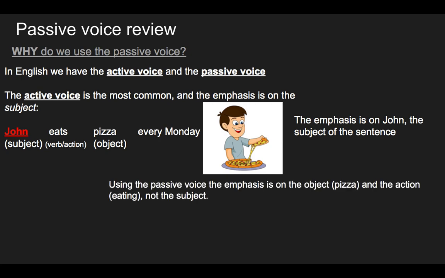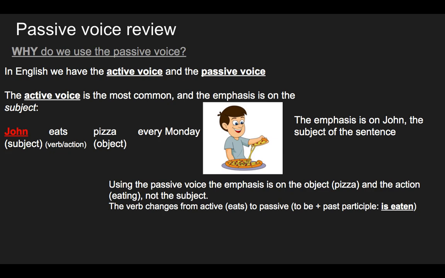If we do the passive voice, the emphasis changes. We put the emphasis on the pizza and the action, so the object, the pizza, and the action, eating, the verb, not the subject, so not John. So the verb changes from active, eats, to passive, which is the verb to be, is or are, with the past participle.